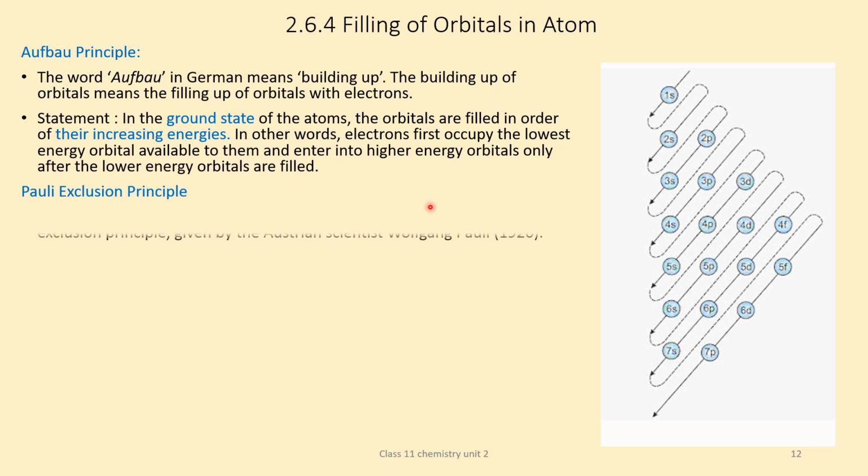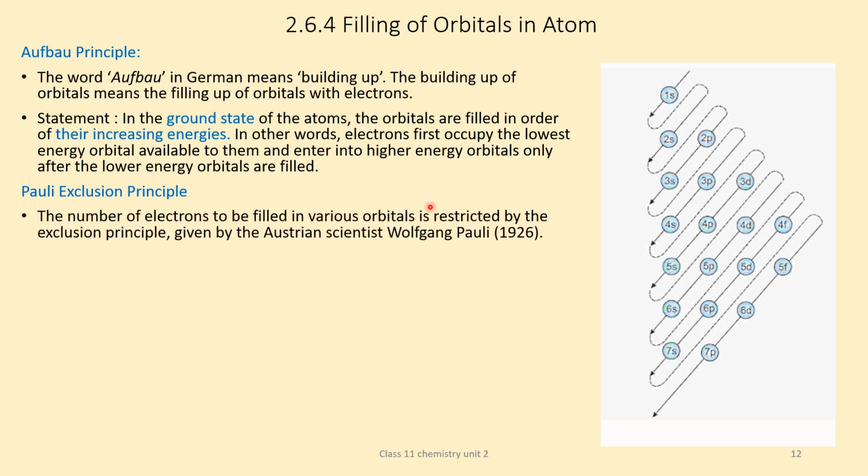Pauli exclusion principle. The number of electrons to be filled in various orbitals is restricted by the exclusion principle given by the Austrian scientist Wolfgang Pauli.